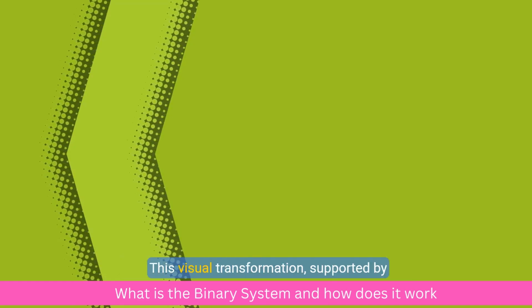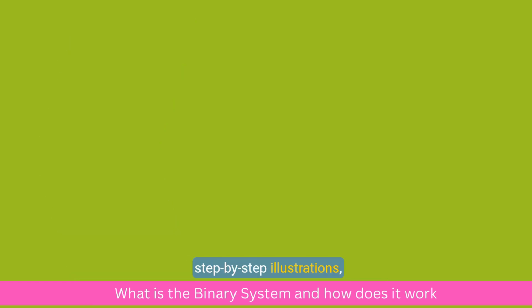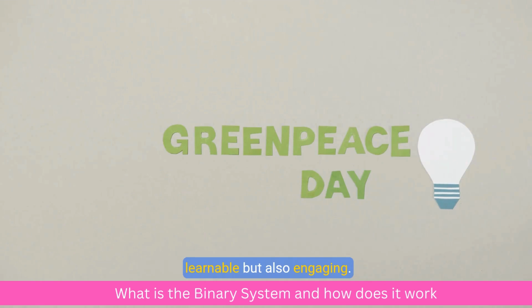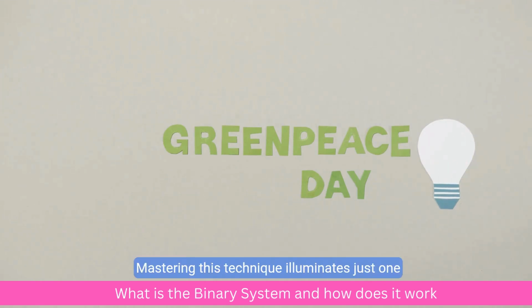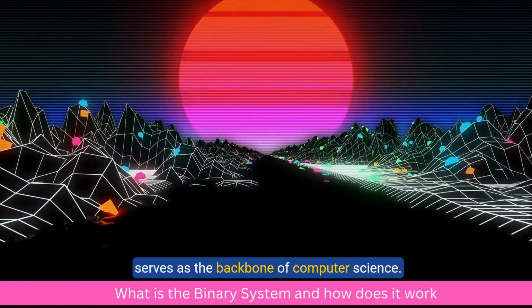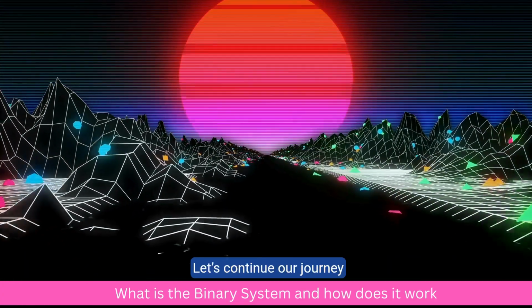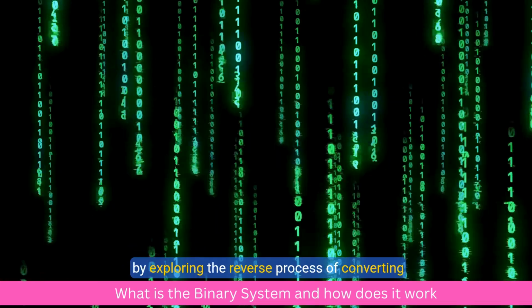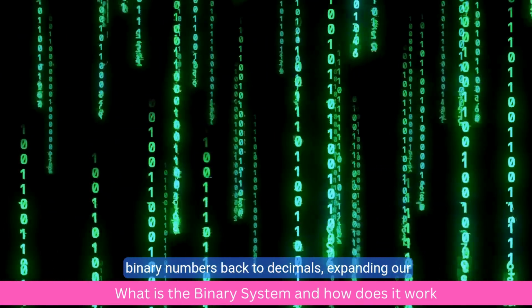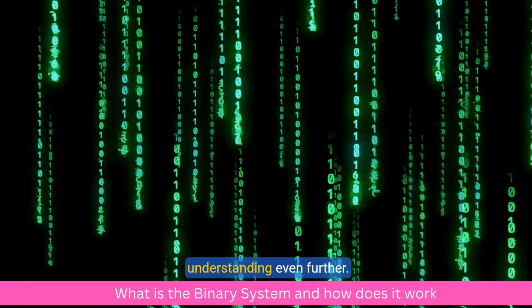This visual transformation, supported by step-by-step illustrations, helps clarify the concept, making it not only learnable, but also engaging. Mastering this technique illuminates just one of the many interconnected ways the binary system serves as the backbone of computer science. Let's continue our journey by exploring the reverse process of converting binary numbers back to decimals, expanding our understanding even further.